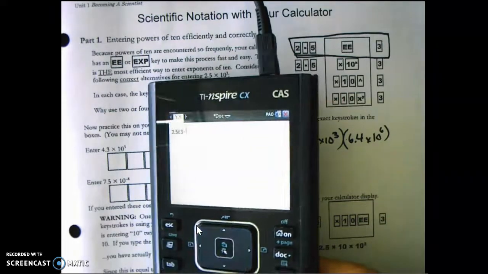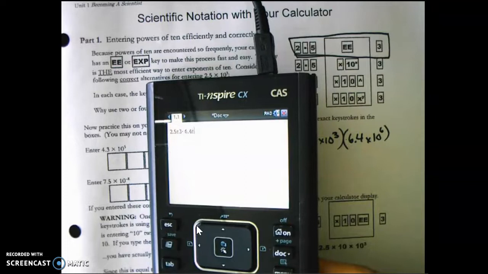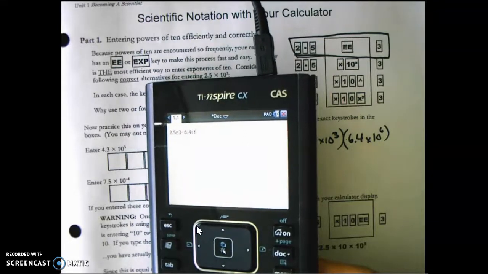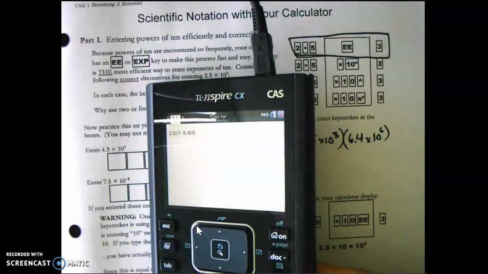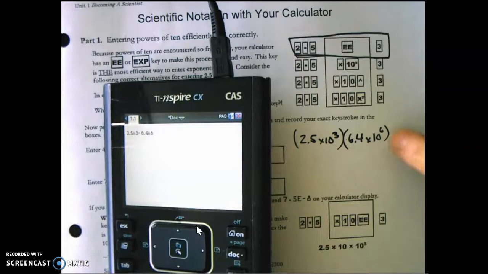Okay, so can you see the dot has come into play? And then I can put the other number in scientific notation. 6.4, push my EE button, and then the exponential power is 6.